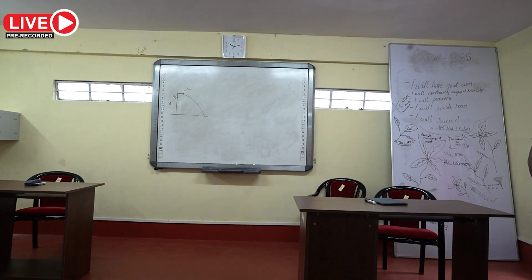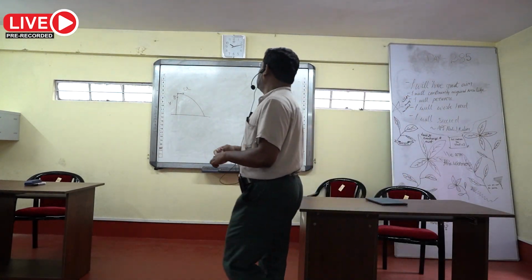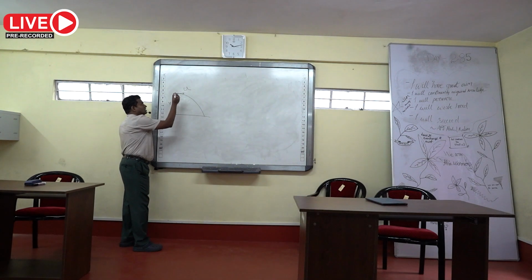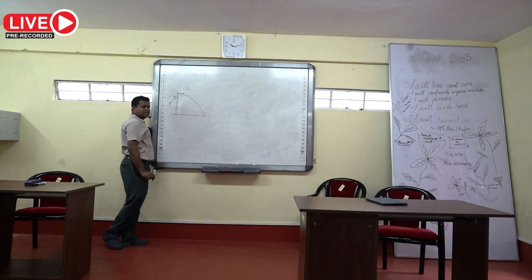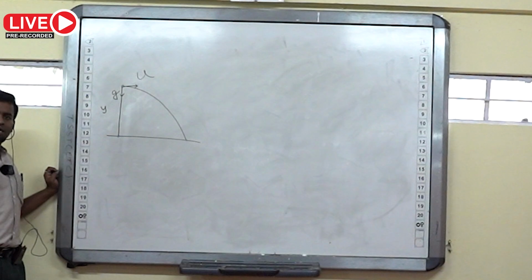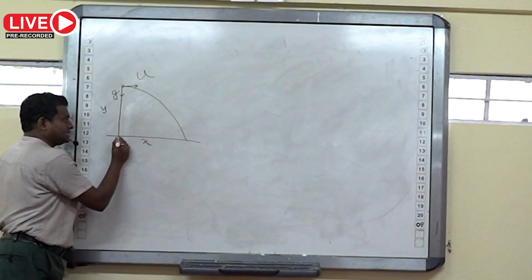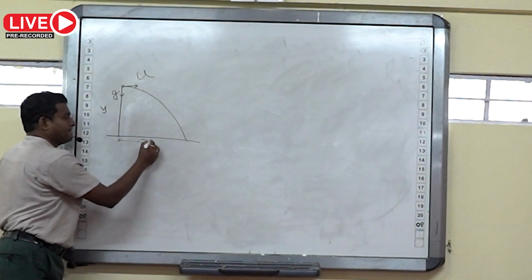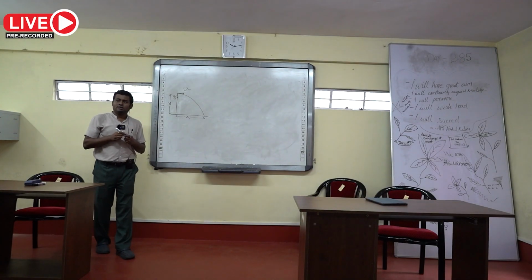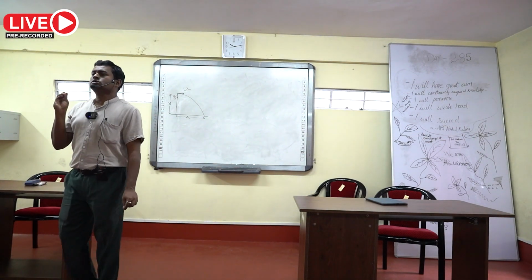Now, for analyzing this motion, how to proceed? Suppose at this point we throw the particle, then we can say that after how much time it will reach to the bottom. This distance is considered to be x, this entire length. How long the particle will take to come down to the ground?